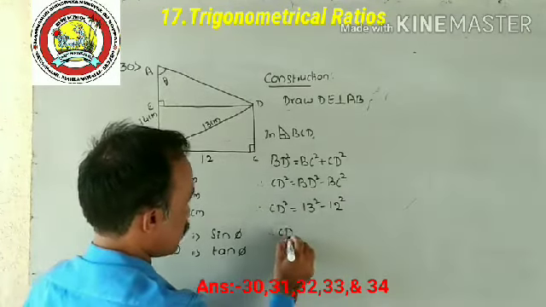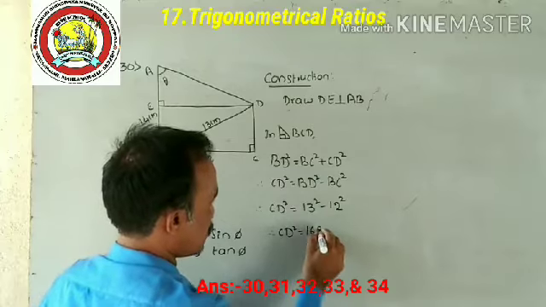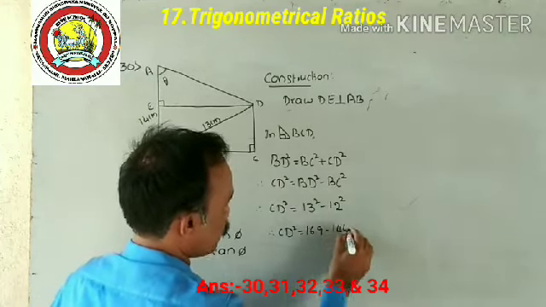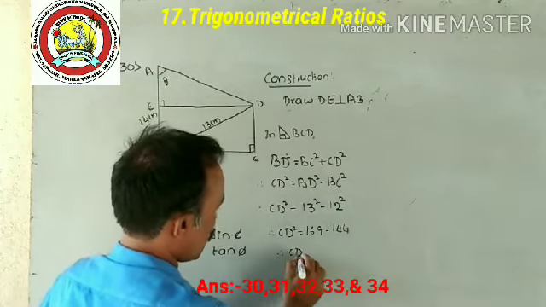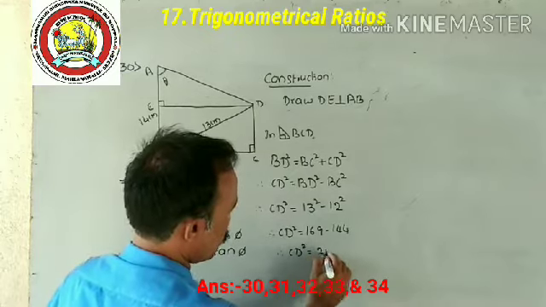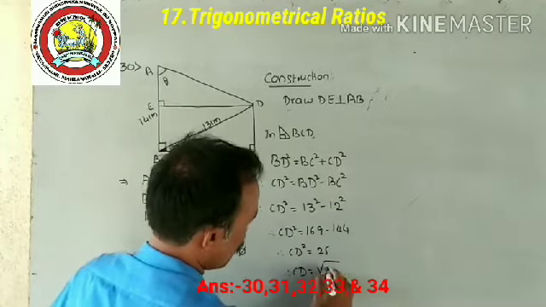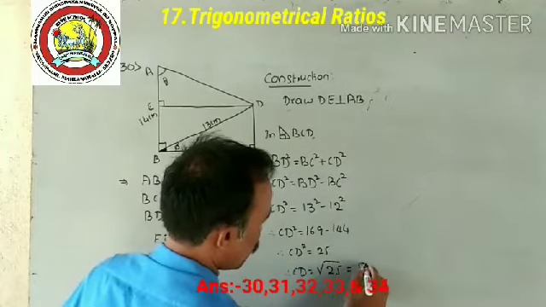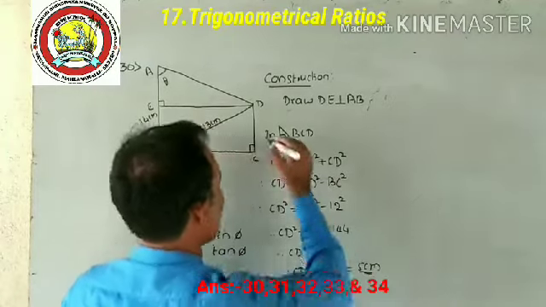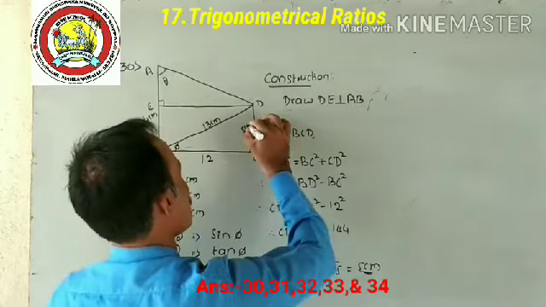So CD square is equal to 169 minus 144, which is 25. Therefore CD is equal to root 25. So the value of CD is 5 centimeters.